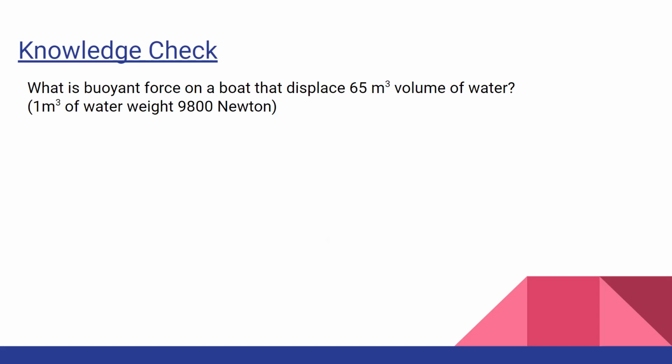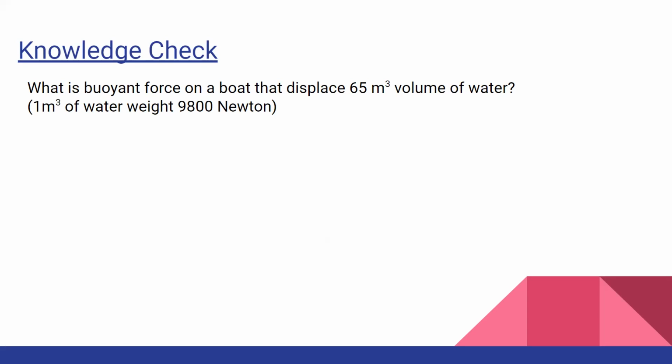So what is the buoyant force on a boat that displaces 65 cubic meters of water, in which here we're assuming 1 cubic meter of water weighs 9,800 newtons?